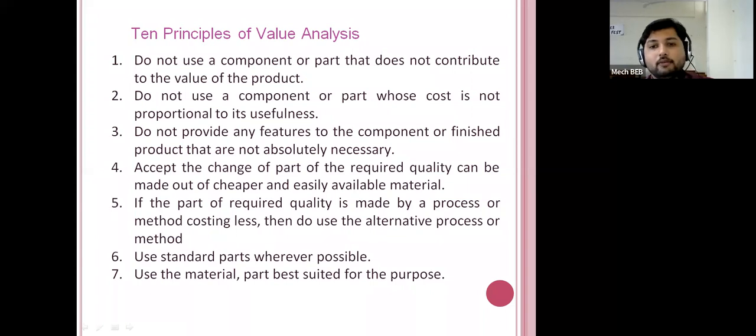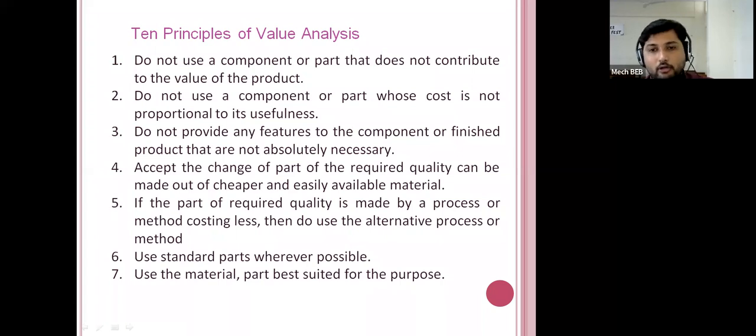Then, do not provide any features to the components or finished products that are not absolutely necessary. Sometimes the functionality is very low, but the look or glamour is very high in that particular product.